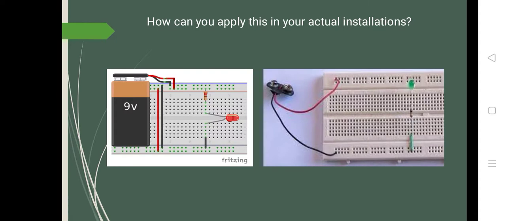Next, how can you apply this in your actual installation? In this, I used a breadboard and the components, the resistor, the LED, if you want to get the current, the voltage, and the resistance of the circuit, you will apply Ohm's law.